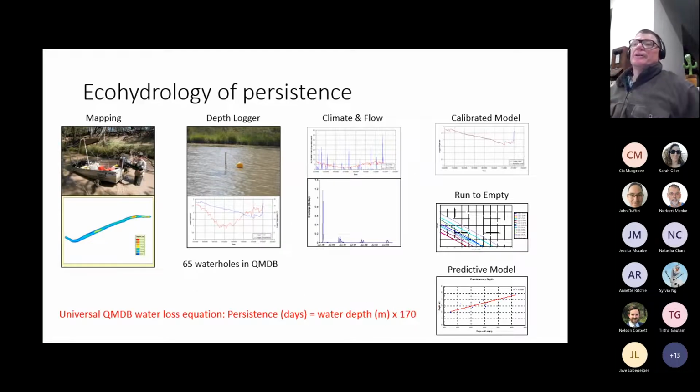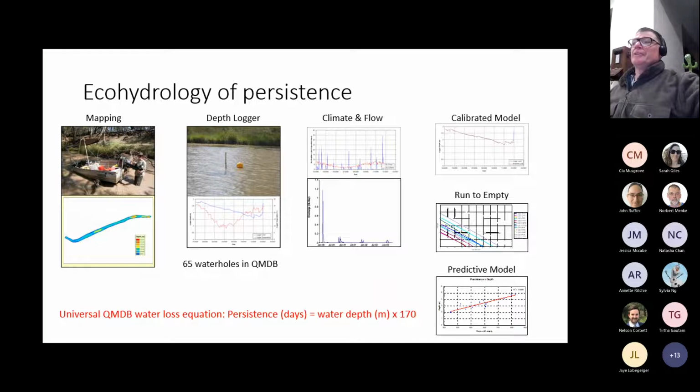So in the Murray-Darling, we've studied, we being us and the regional biologists in Toowoomba, have studied 65 waterholes. We've mapped them with sonar to develop digital elevation models so we can understand the relationship between area, depth, and volume. We've installed depth loggers over extended periods of drying to understand the rate at which they lose water.